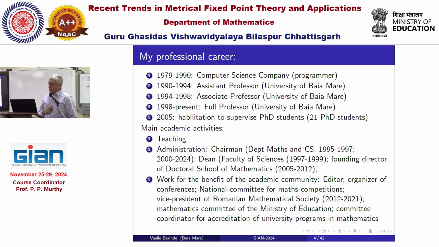I also did what we call in my country work for the benefit of the academic community. This means editor, reviewer, organizer of conferences, like Professor Murthy is doing now. I was involved for a quarter of century in the National Committee of the Maths competition in Romania.